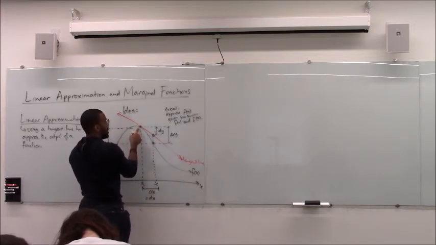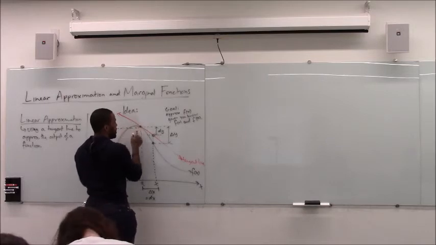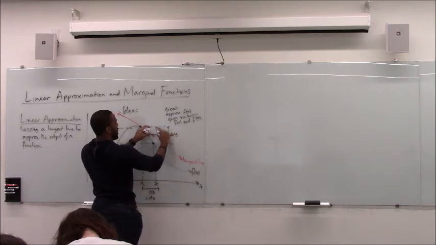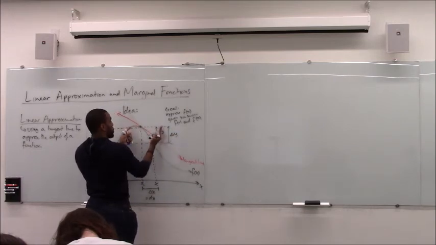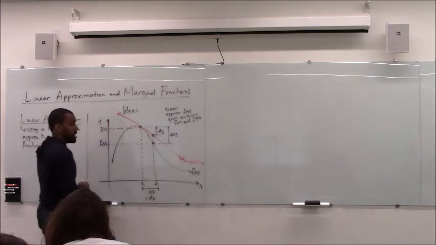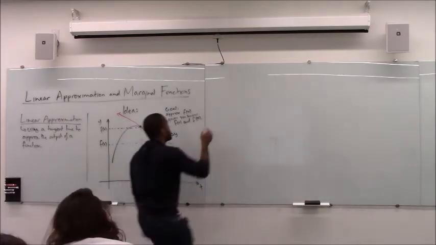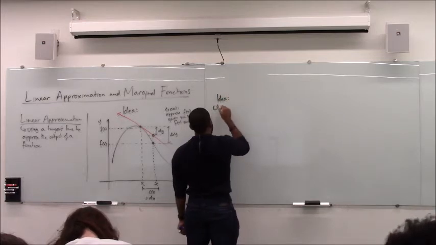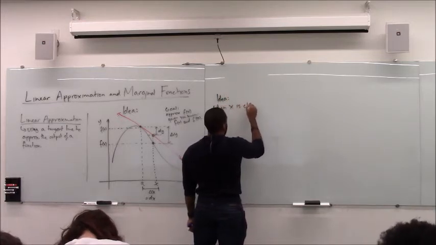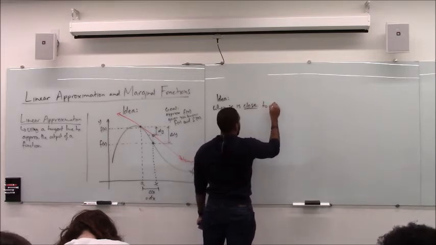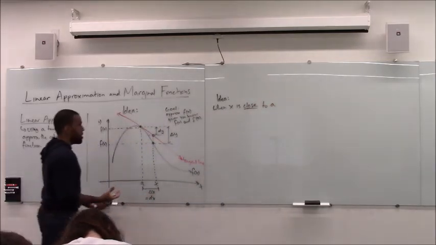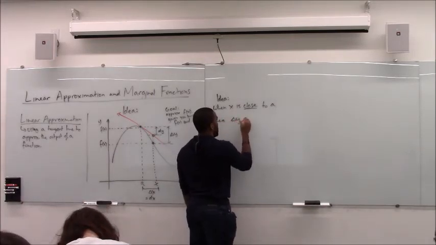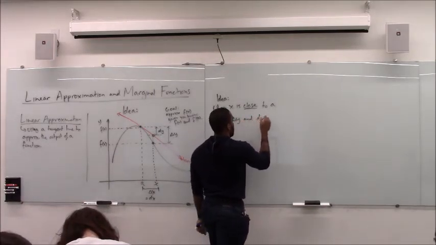Remember the point of a tangent line is that if you zoom in far enough, it starts to look more and more like a function, which means that these two values actually start to get closer together the closer I get to this point at A. And so the idea here is when x is close to A, and that's the operative word here, if my x and A values are very close, then my delta y and dy will be close.